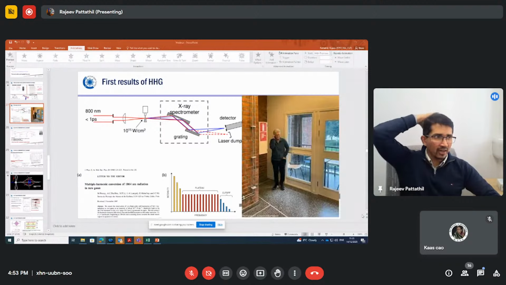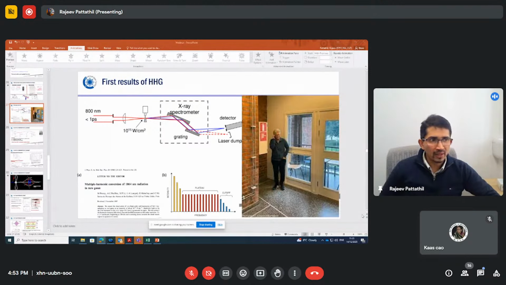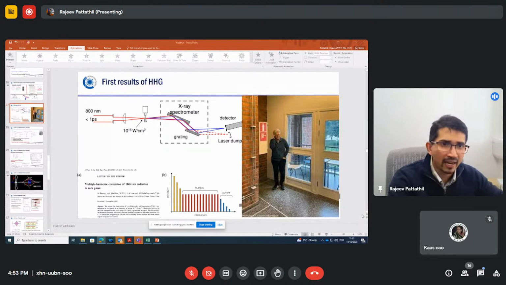So no, they are not actually measuring the visible light, or the infrared light in this case. What they're doing is, this is essentially the simplest setup for high harmonic generation. So you start with a short pulse laser, you focus it onto a gas jet, and from the physics that we went through, it produces high harmonics, which is actually in the XUV regime, and then you basically pass it through an X-ray spectrometer.